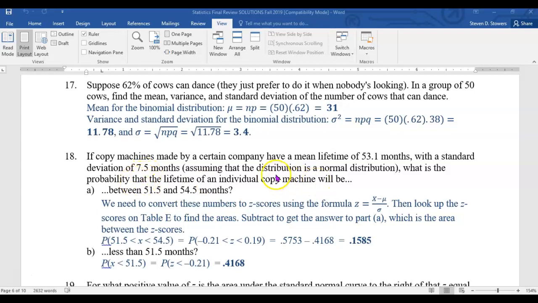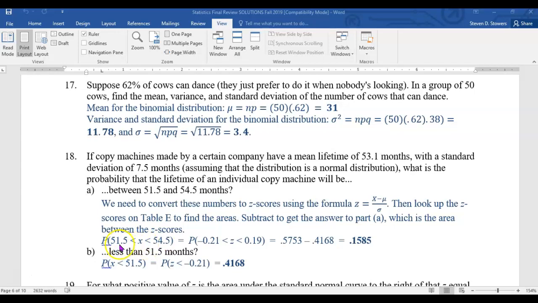And then they ask for the probability that the lifetime of an individual copy machine will be between 51.5 and 54.5. I can write that like this: the probability of X being between 51.5 and 54.5.